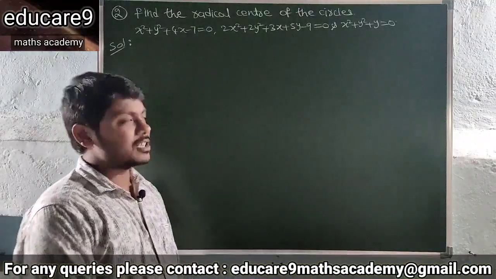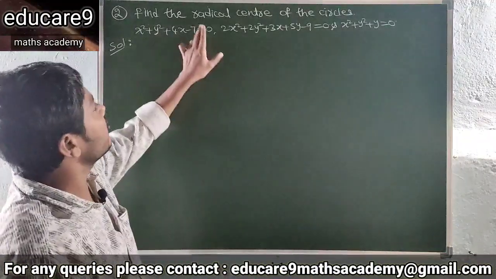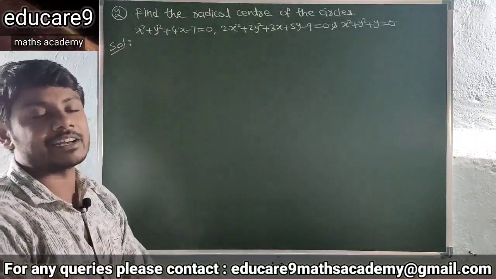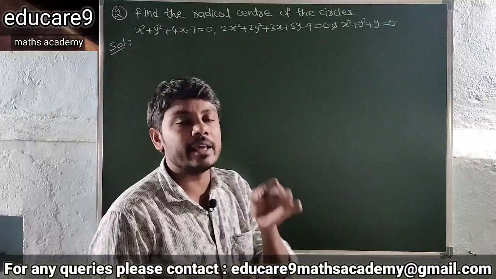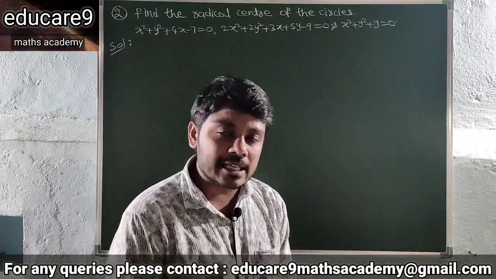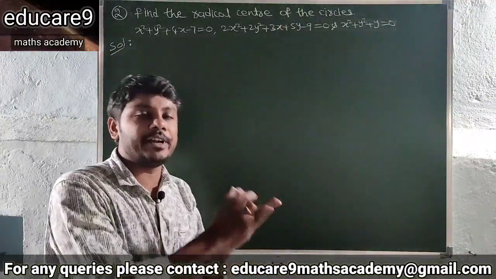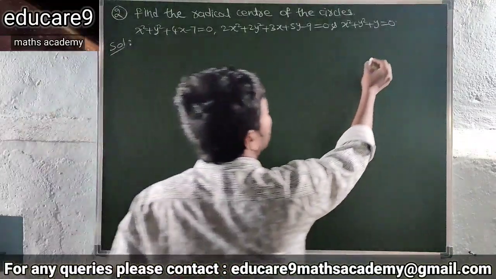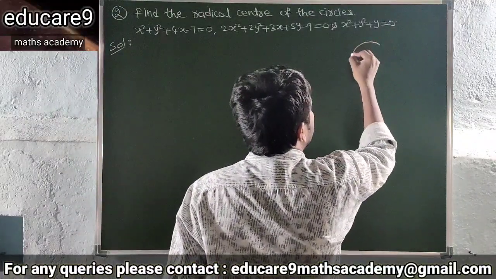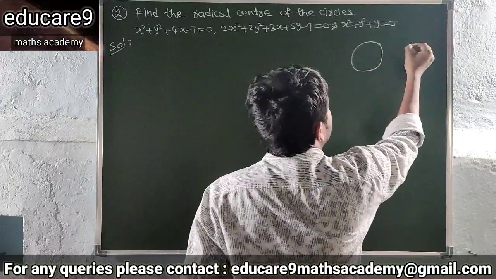So see the second question. Find the radical center of the three circles. What is meant by radical center? The radical center is the point of intersection of the radical axes. So see here, these are the three given circles.